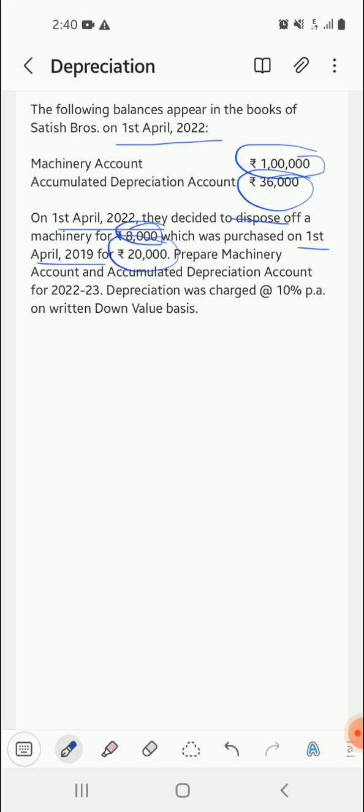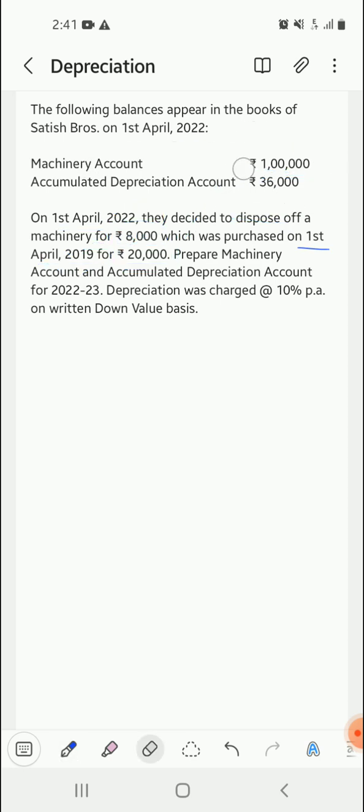This means the machinery that cost us 20,000 on 1st April 2019 has now been sold for 8,000, and we have to find out whether we are in profit or loss because we have sold it in 2022, that is after the date we purchased it. Therefore, in this 20,000, there will be depreciation for the years held.